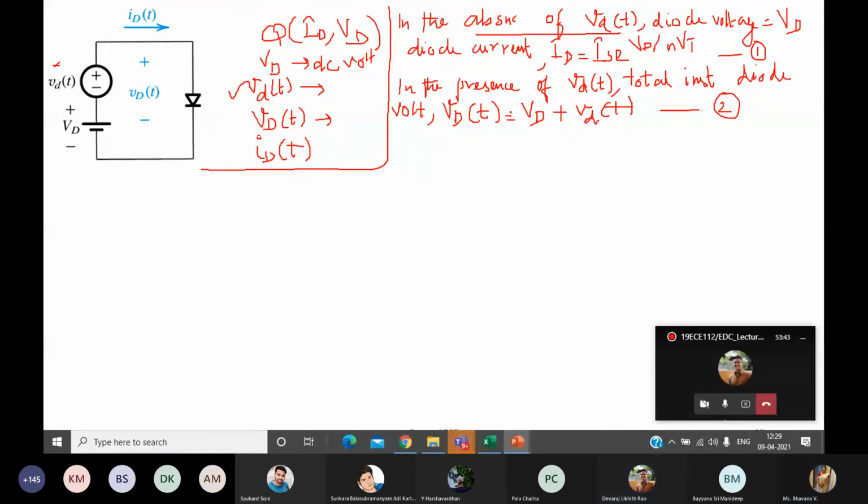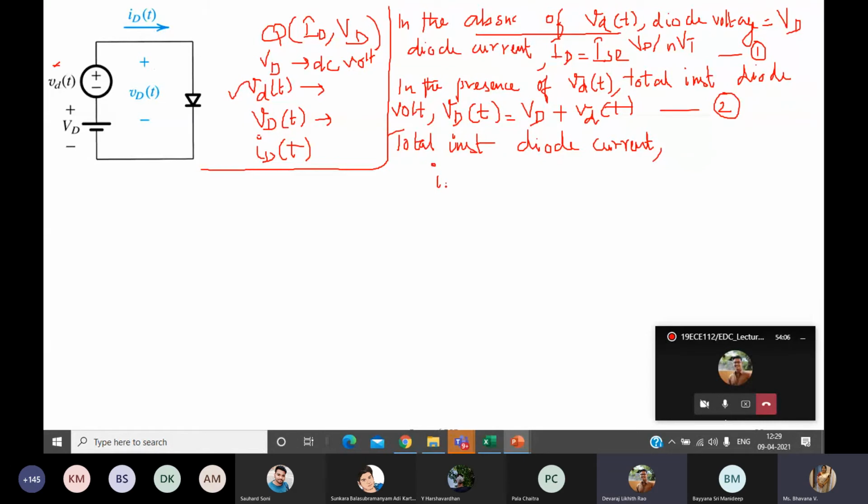Then, the total instantaneous diode current, what will be the notation?